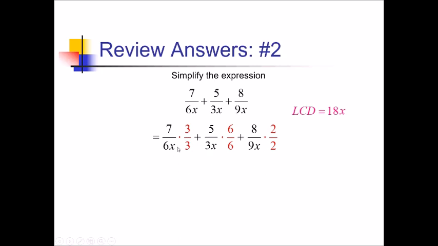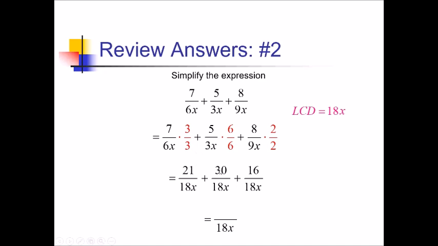Let's actually go through and multiply these. So for the first fraction, I've got 21 over 18x. Then I have a plus 5 times 6 is 30 over 18x. And finally, we have a plus 16 over 18x. Now I can keep the 18x as my denominator when I combine all these and just add the numerators together.